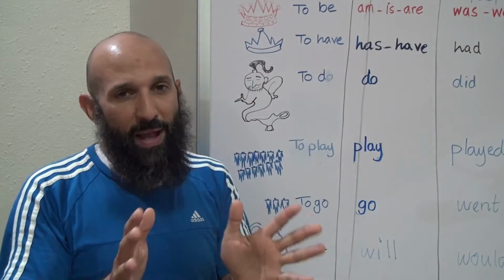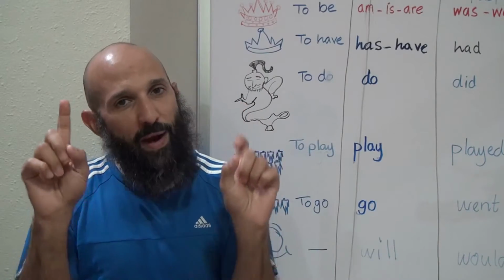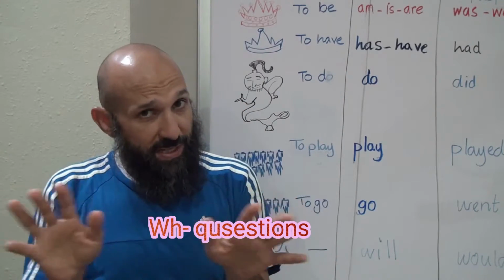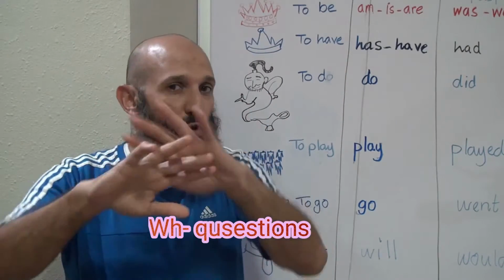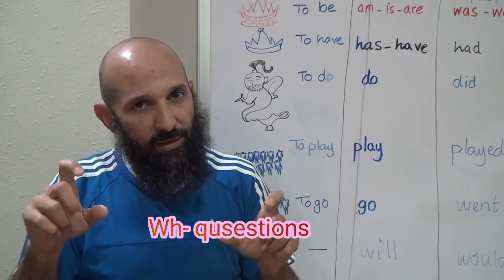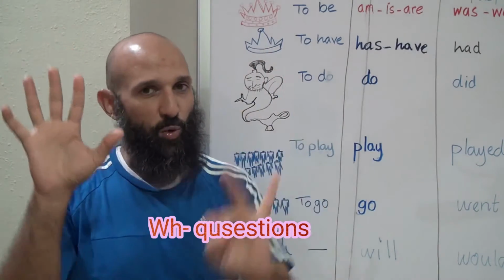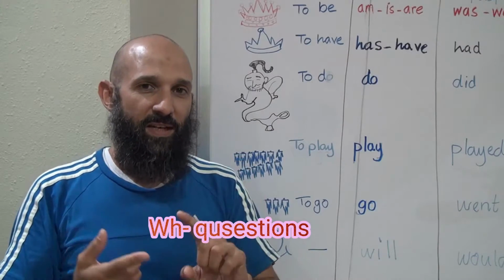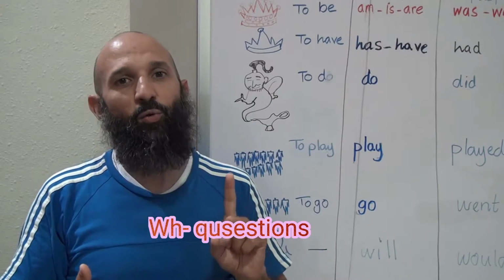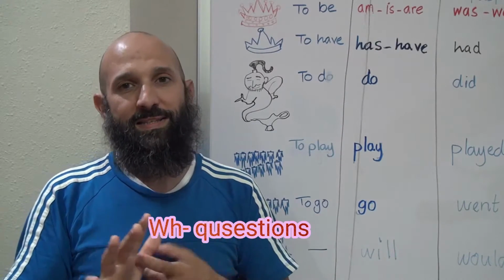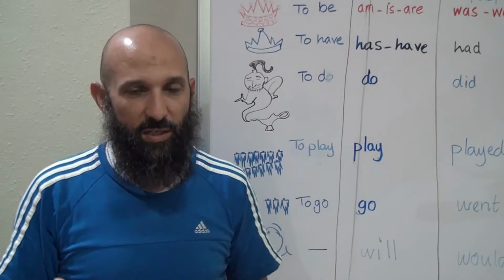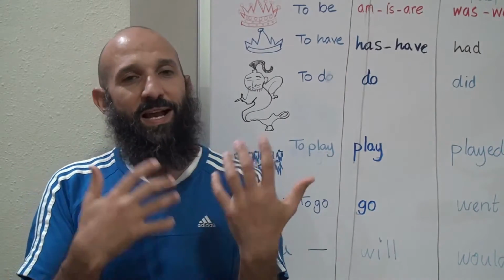Well, how about the WH questions? Questions that if you translate them into Arabic don't really start with hal. They start with the WH words. They start with where, when, how, what, and all of these words. So how about these questions?